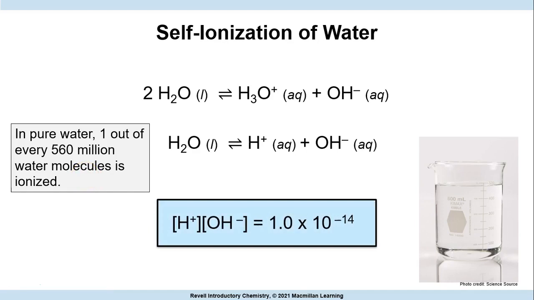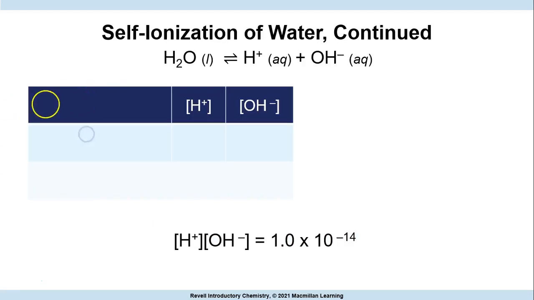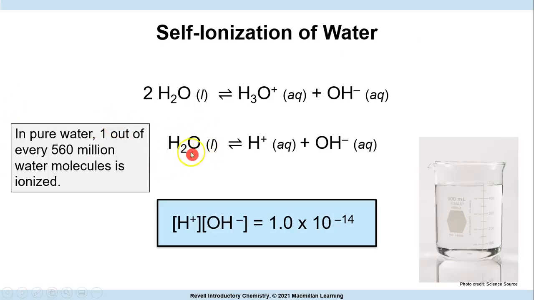Now, if we look at the second example here, the self-ionization of water to give us the hydrogen ion and the hydroxide ion. The concentration of the hydrogen ion is equal to 1 times 10 to the minus 7.